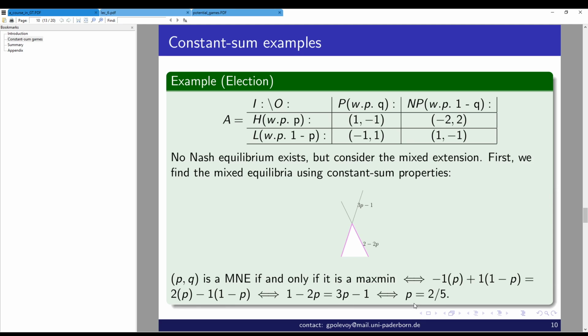It's not just any mixed extension of a finite game, but a mixed extension of a finite zero-sum game. In a zero-sum game, we know that a profile is a mixed Nash equilibrium if and only if it's a max-min strategy of the corresponding player. So I need to go to each player and look at the max-min of that player.